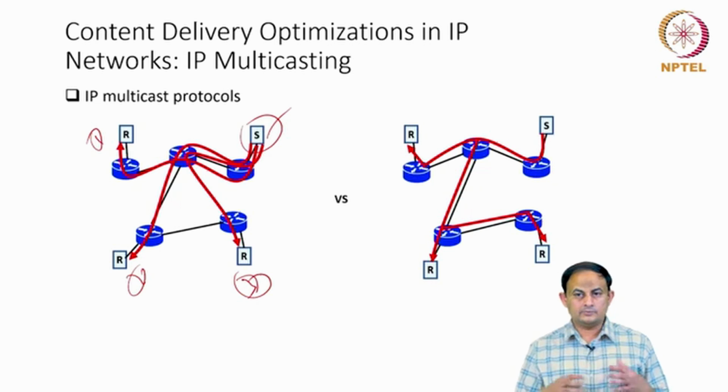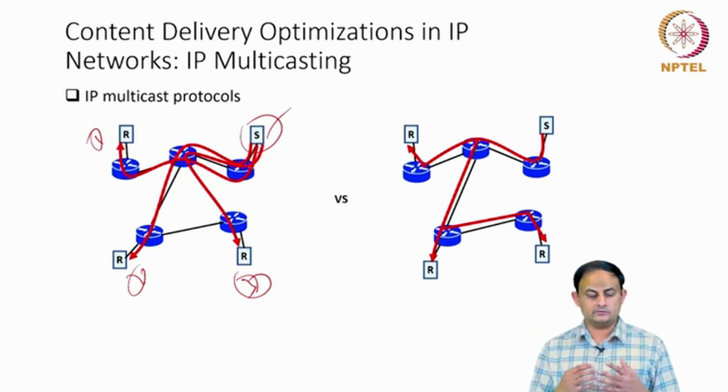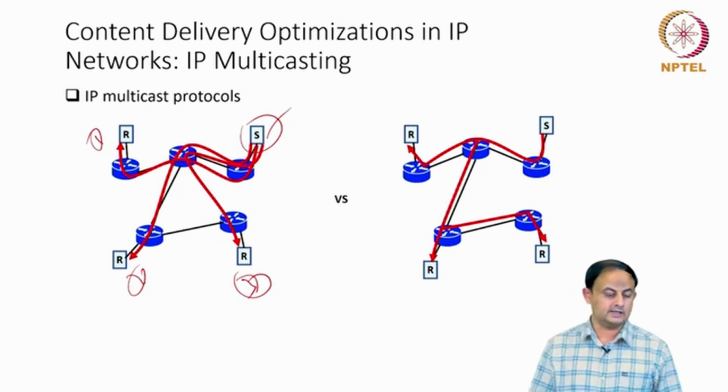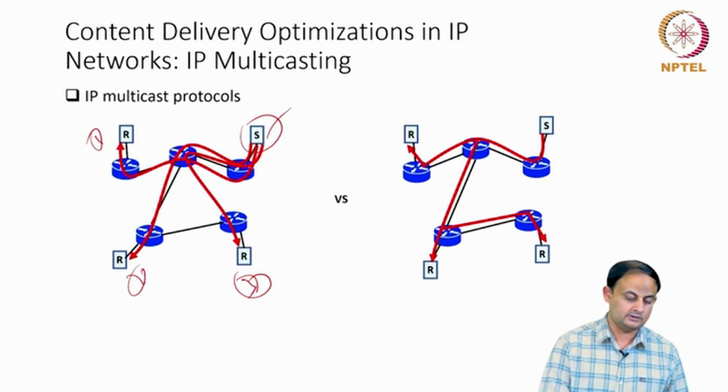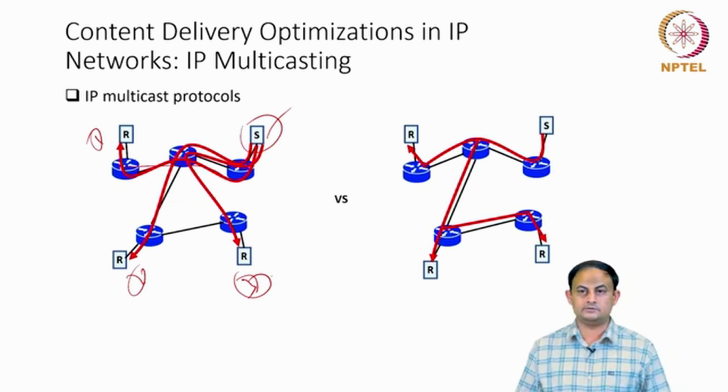If you use plain point to point communication, every transmission originating from S needs to be transmitted 3 times, one for this user using this link, the second time for this user, and the third time for this user.